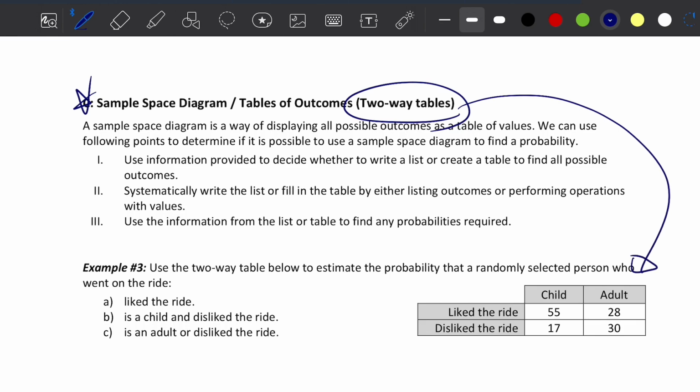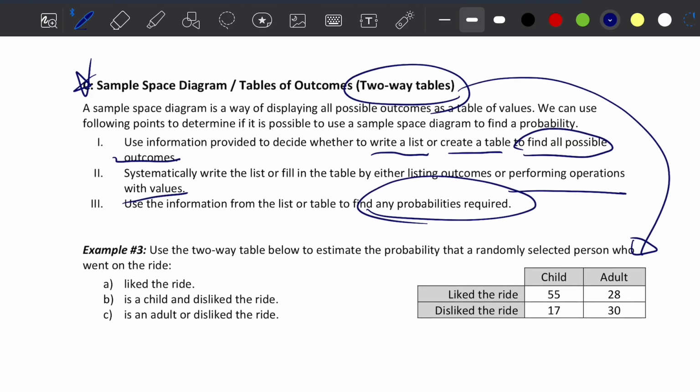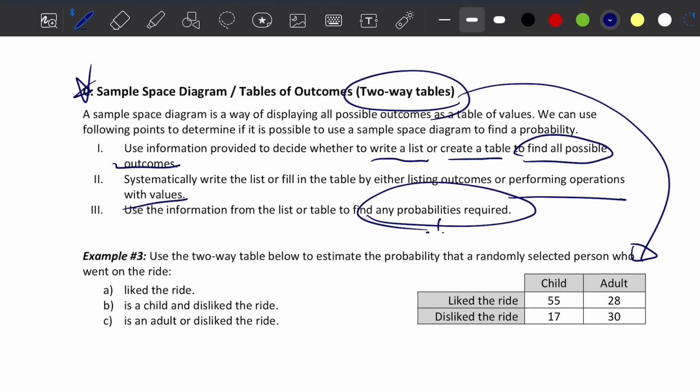So we use the information provided to decide whether to write a list or create a table to find all possible outcomes. And systematically, we need to write the list or fill in the table by either listing outcomes or performing operations with the values. And we need to use this information from the list or table to find any possible probabilities required.